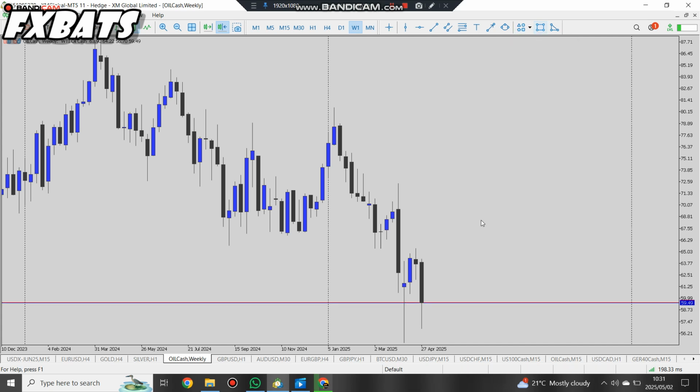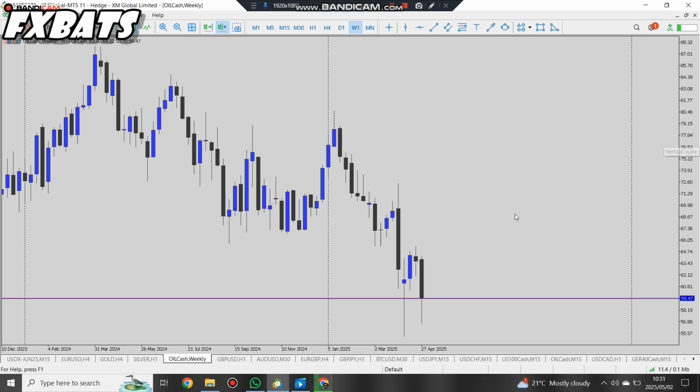On weekly, I look for the draw on liquidity. Then I also look at the bias. That's the draw on liquidity, where price is expected to target on weekly. As we see on weekly, we've been seeing a drop, a dip in oil.